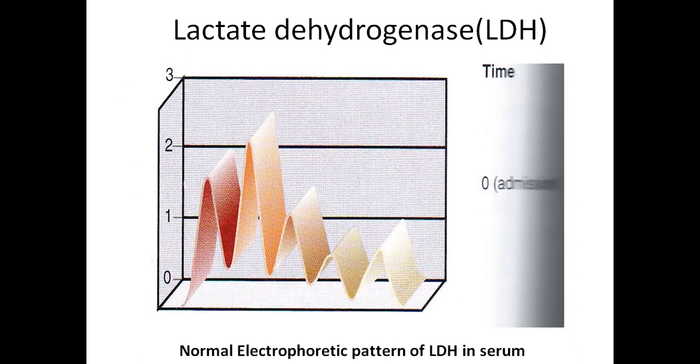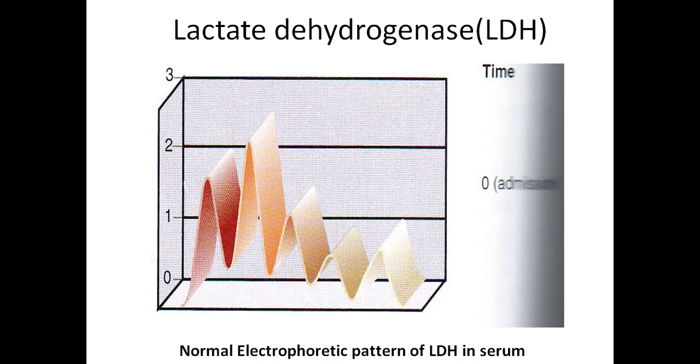This is the electrophoretic pattern for the enzyme LDH in serum. It has 5 isoenzymes, and LDH1 and LDH2 are present in high concentration.